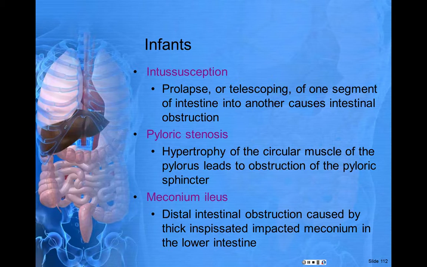In infants, it's hypertrophy of the circular muscle of the pylorus, which leads to the obstruction of the pyloric sphincter in the bowel. And then we have meconium ileus, which is distal intestinal obstruction caused by thick inspissated and impacted meconium in the lower intestine, more common in infants.